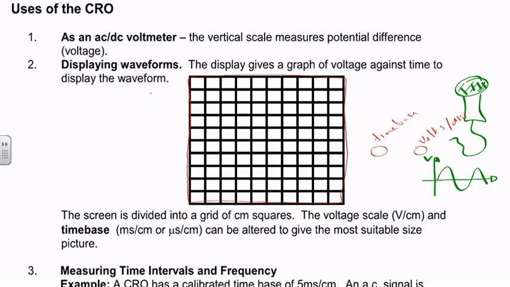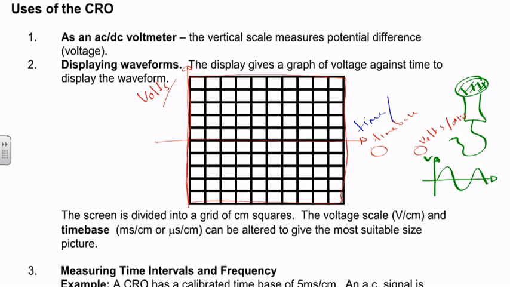Now, this is a graph. Let's put in some axes. So there's your x and y. Now, the y-axis is volts per some measurement, and the x-axis is time in some measurement.